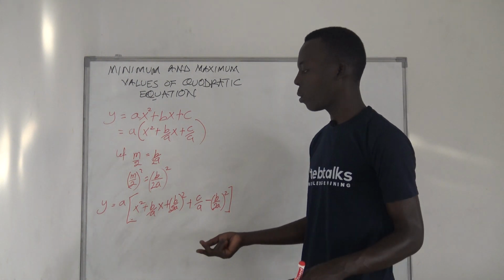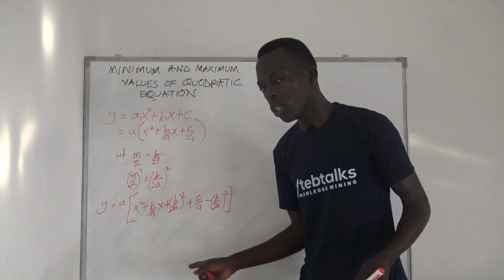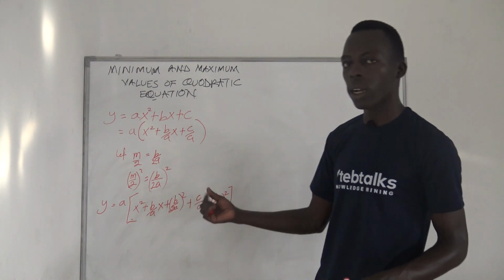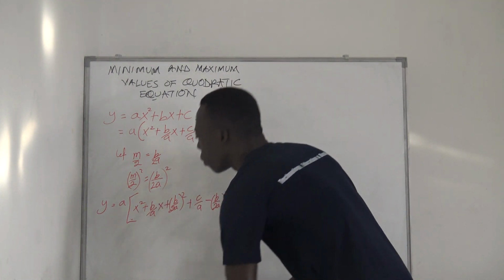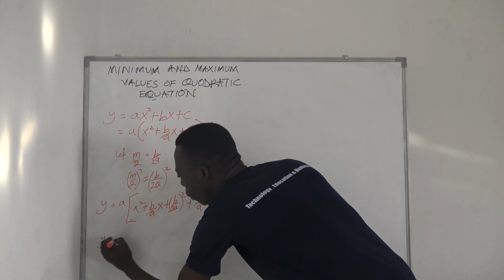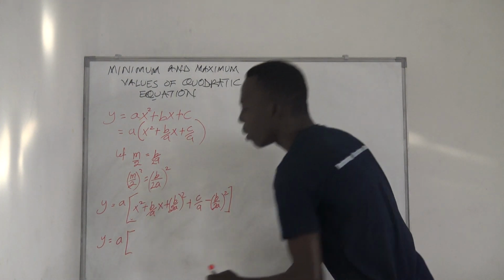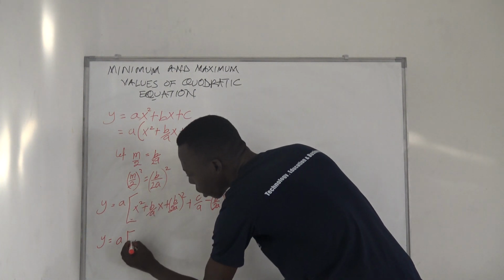So we continue. When you try to check on this one, you see how you can reduce it, or which number you can square to have something like this. This one we saw that y equals a into which number can you square. You choose this number here, which is x.